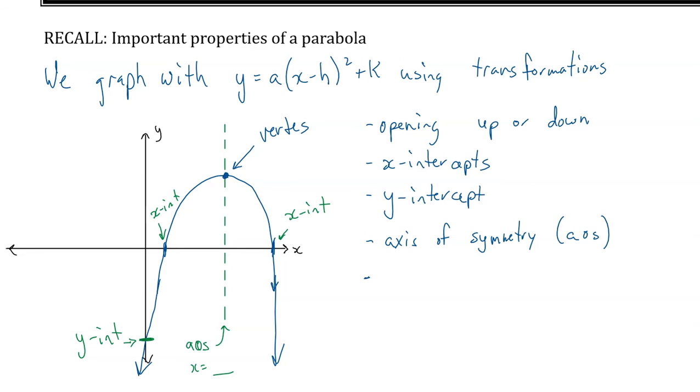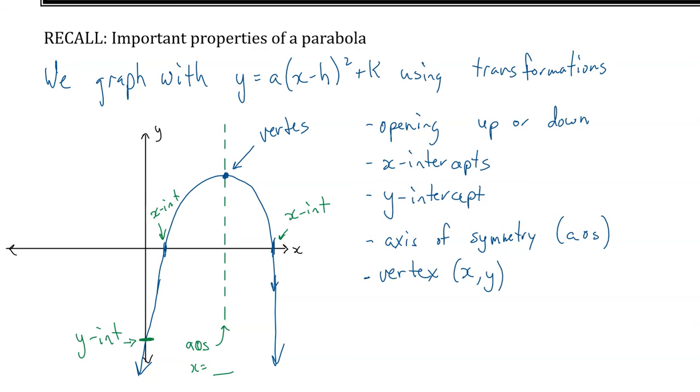And I'm actually writing it out in the order that we're going to do this. So when we do an example, you'll see. But we're going to find the x-intercepts, we're going to find the axis of symmetry, and then we're going to use all of that to find the vertex. Which is some point x, y, right? So the x value will be the axis of symmetry.